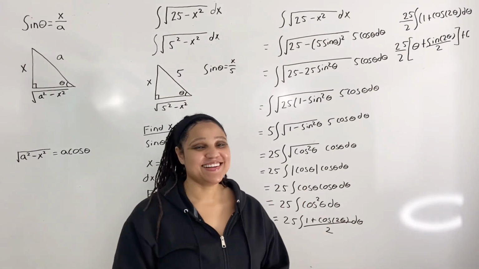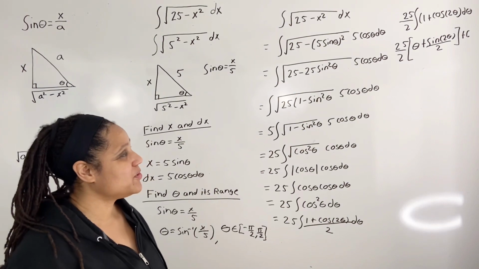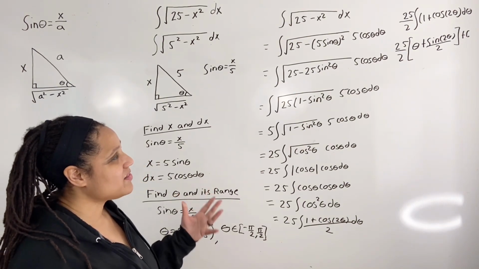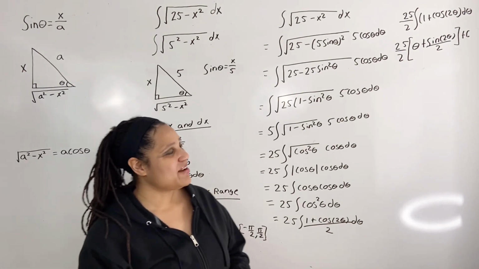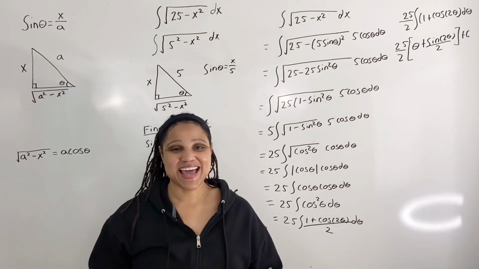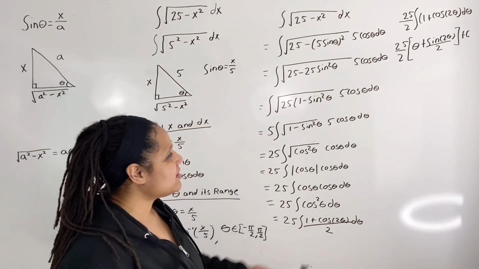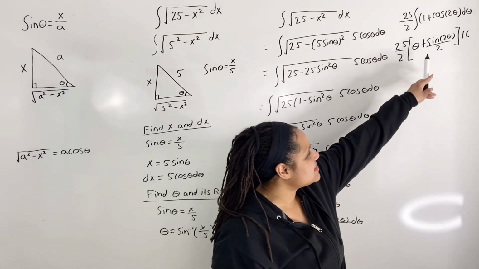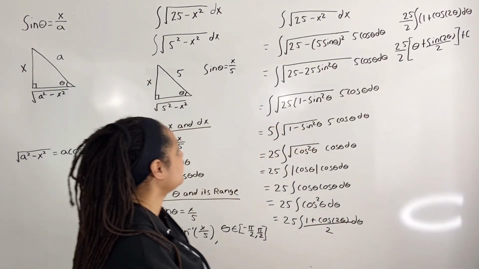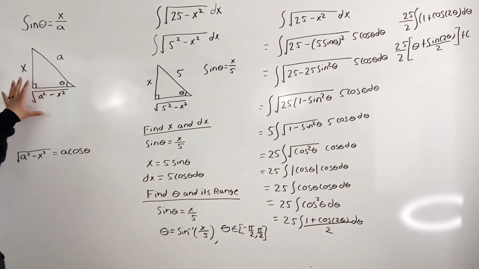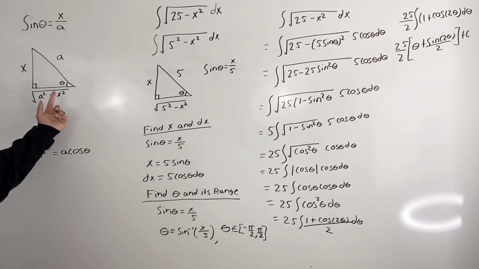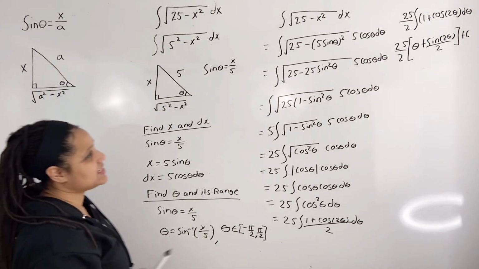We're almost done here. We still have to replace all the values of theta and write them in terms of x. So I can't evaluate sine of 2 theta using this triangle because it's in reference to theta, not 2 theta.